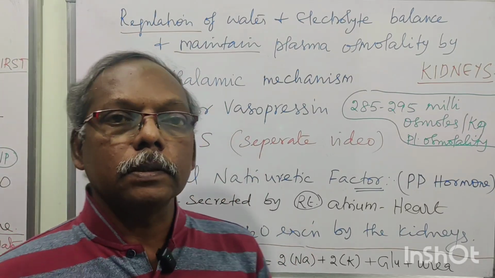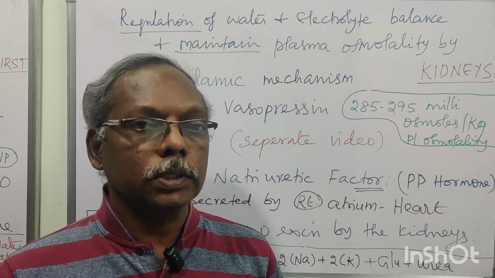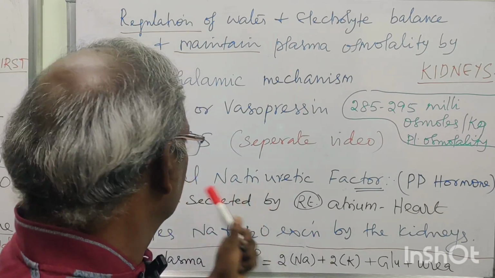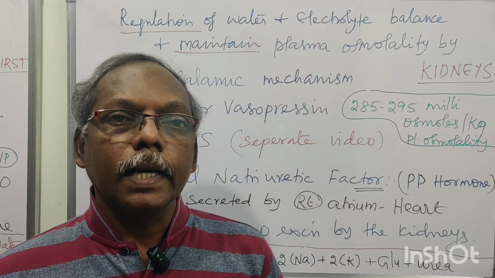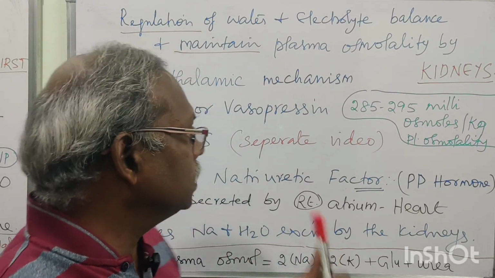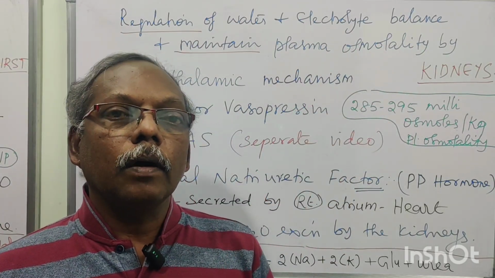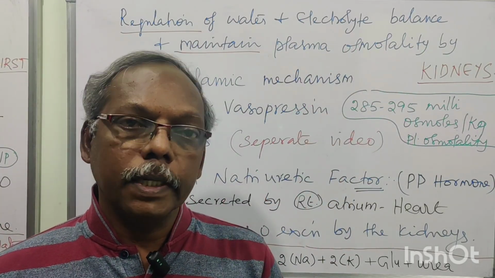Third one is RAS, the renin angiotensin aldosterone system. And the last one is atrial natriuretic peptide or atrial natriuretic factor. These 4 come under the regulation of water and electrolytes by kidneys.